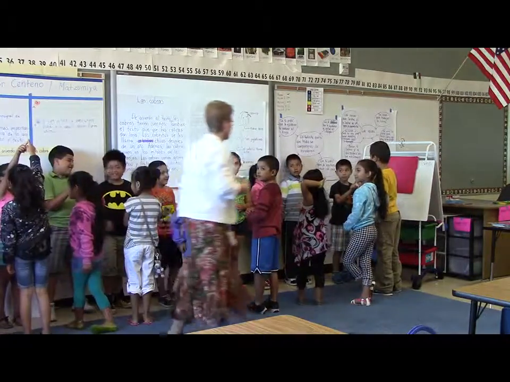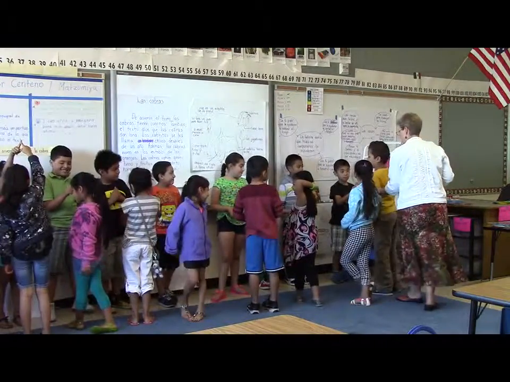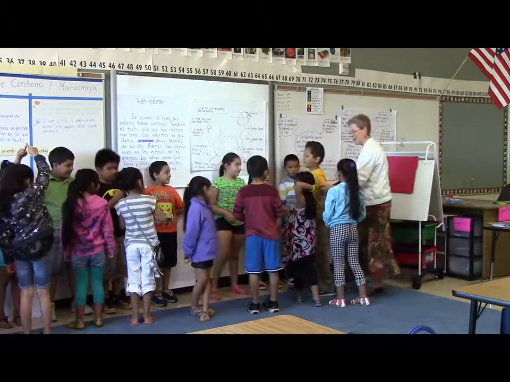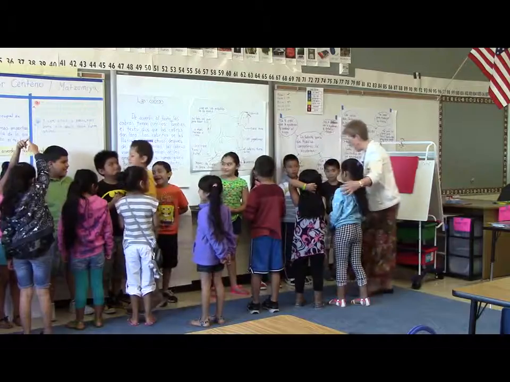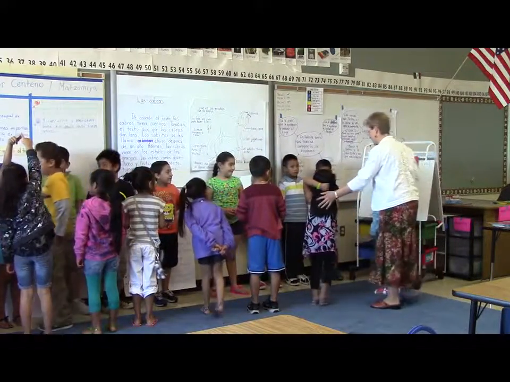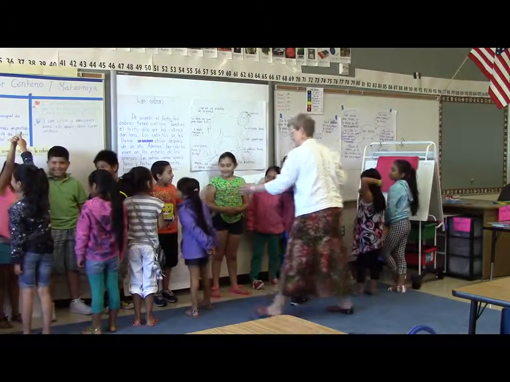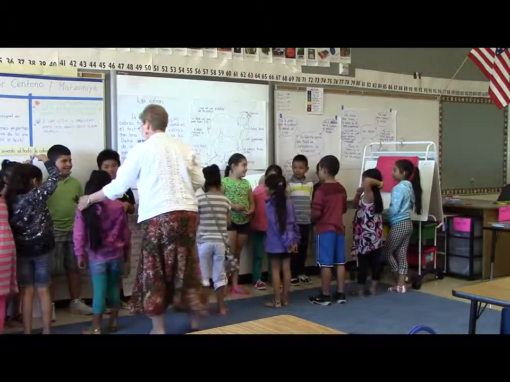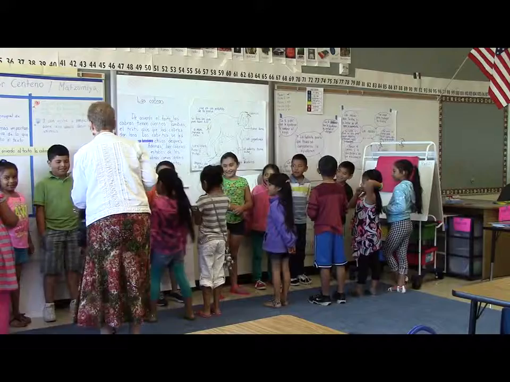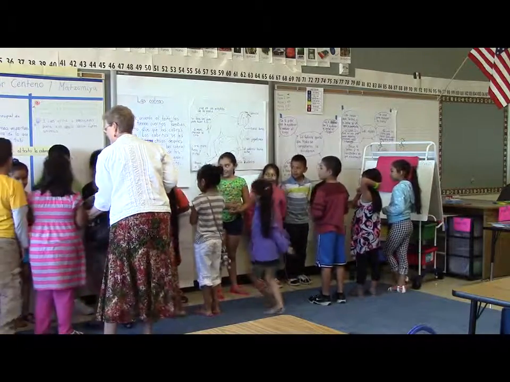Okay, very good. So you're going to get to walk right through the line and go to the very end, and you all move down so you have a new partner. It's like a little dance. It's called Lines of Communication. Okay, you all have a new partner?